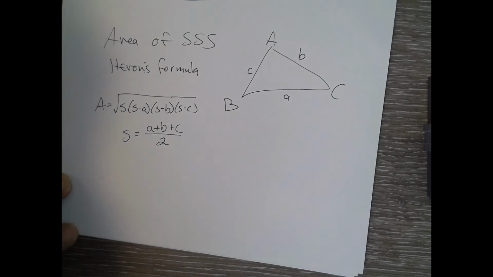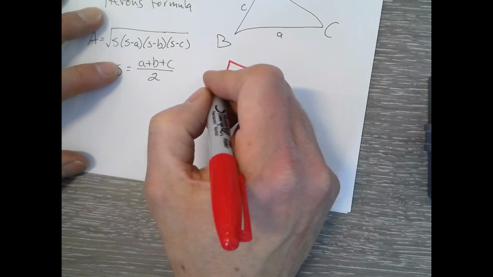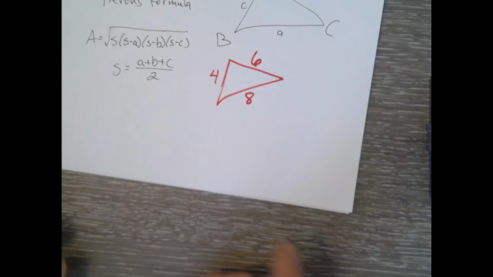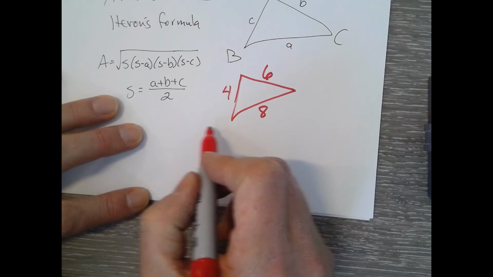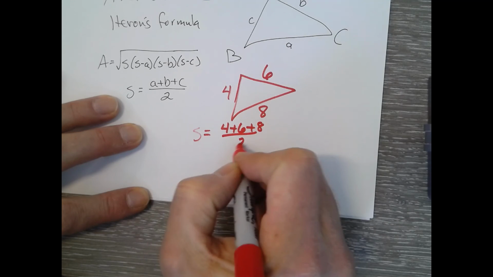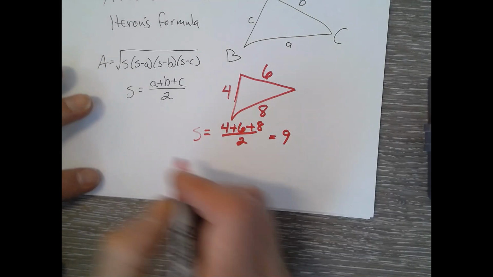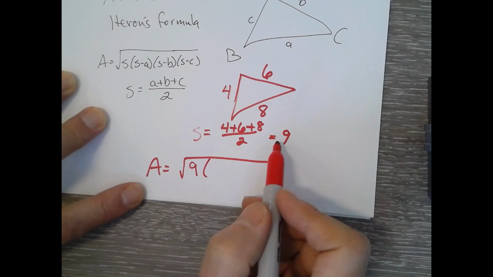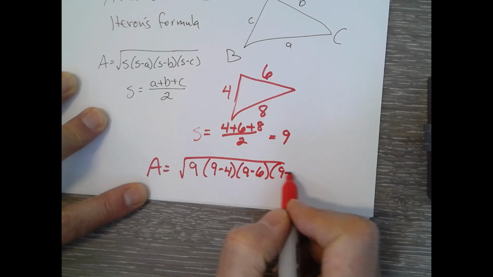So, here's my example. Let's say the sides are 4, 6, and 8. First thing we have to do is find out what S is. S is 4 plus 6 plus 8 divided by 2, which is 9. Now we can find the area. The area is the square root of 9 times 9 minus 4, 9 minus 6, 9 minus 8.